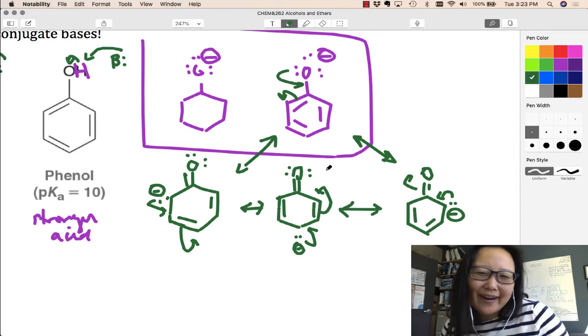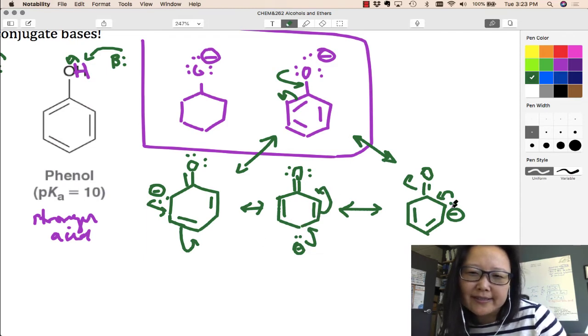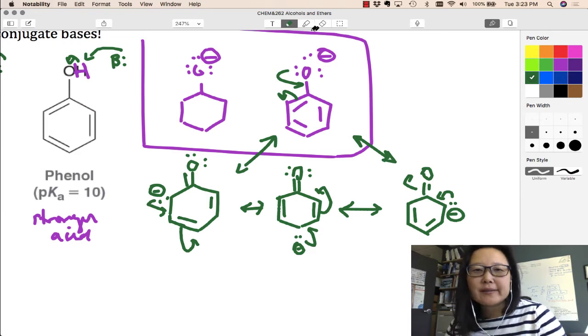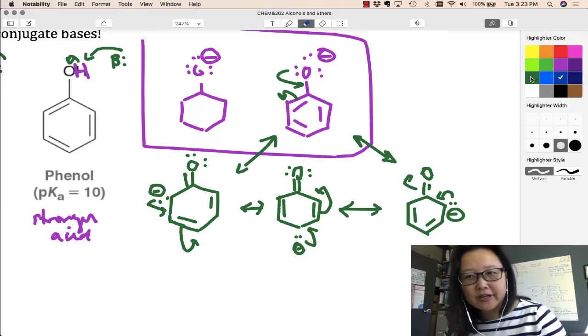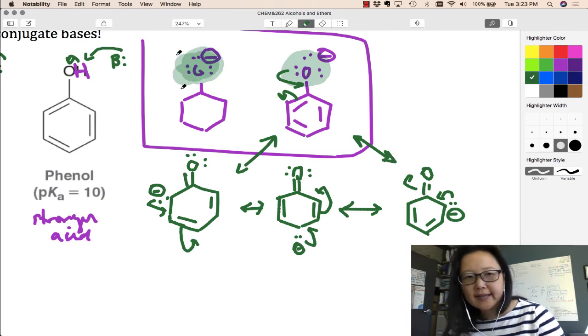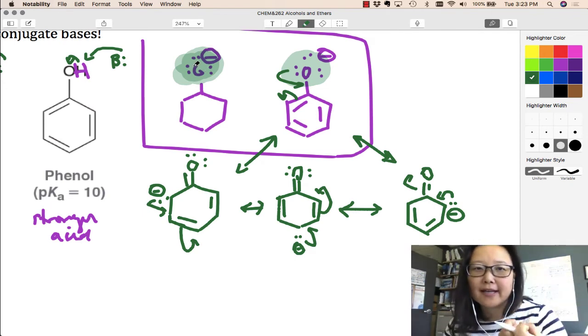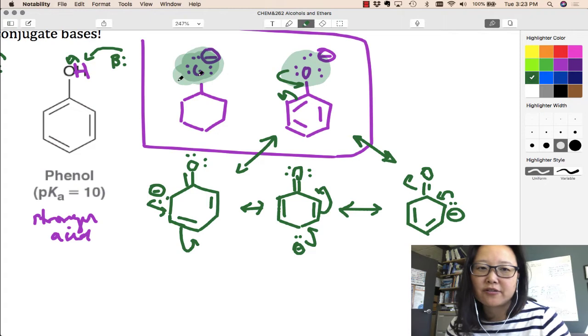Alright guys, so here we are with the other resonance structures. You can show these electrons getting pushed here and depositing on this carbon as well as depositing on this carbon over here. So it's important to think about that negative charge buildup. On cyclohexanol's conjugate base, it is just here. It has nowhere else to be spread out, so that concentration of charge makes this a strong base.